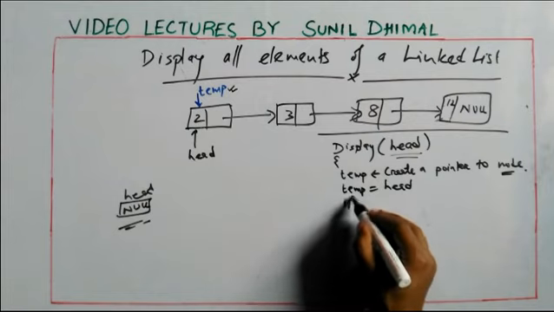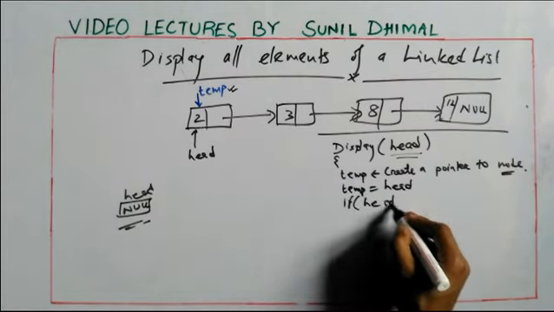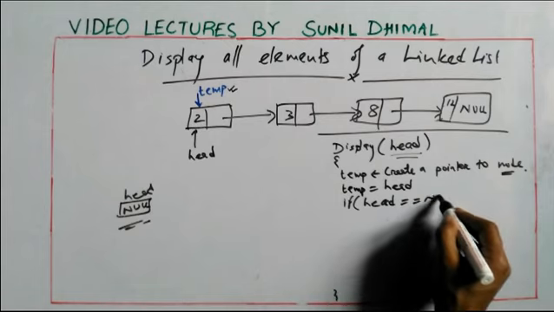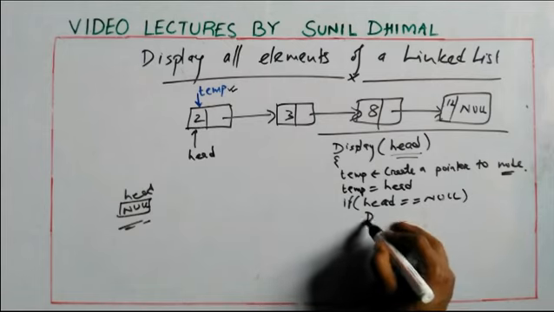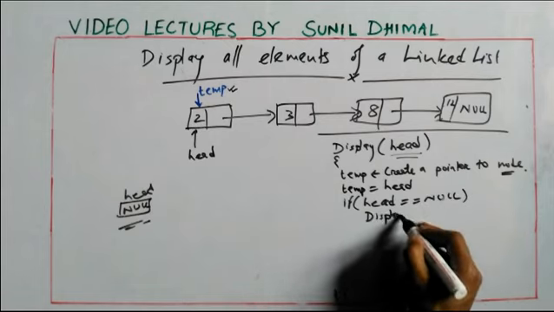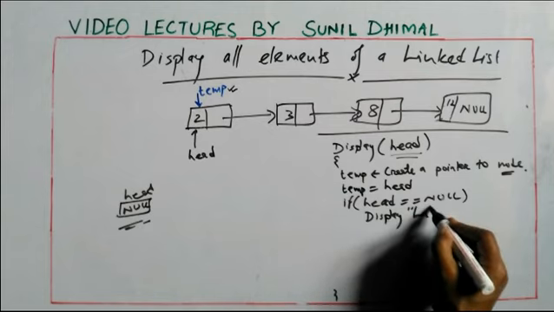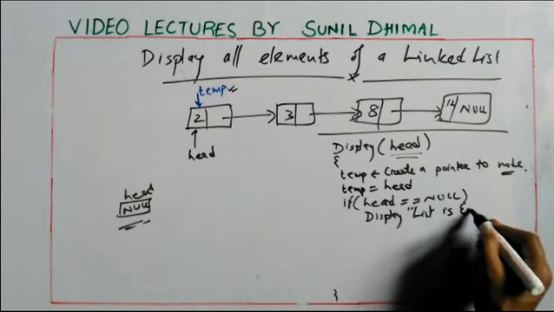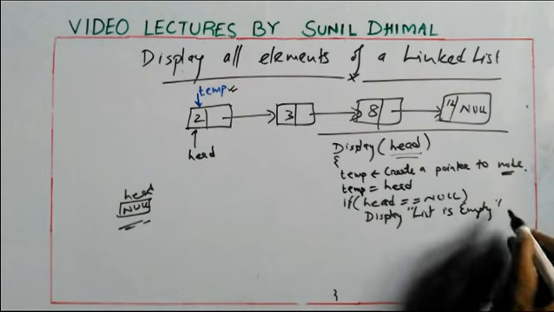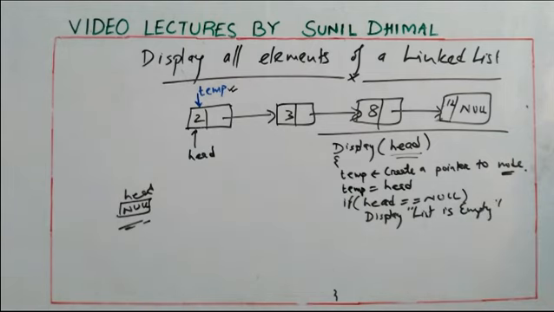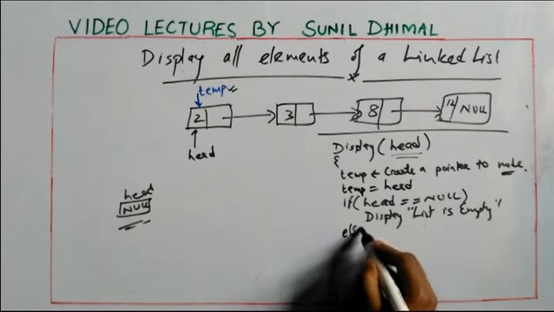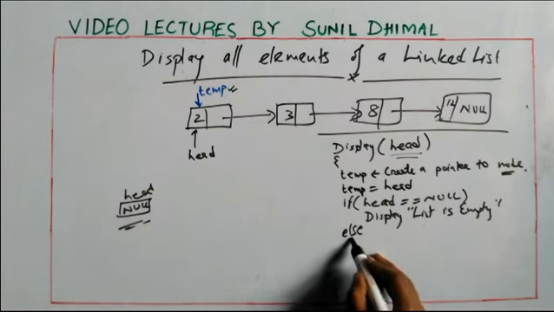So if head is null, you display that the list is empty. If head is not null, that means there is at least one element in the list. Else, what do we do?